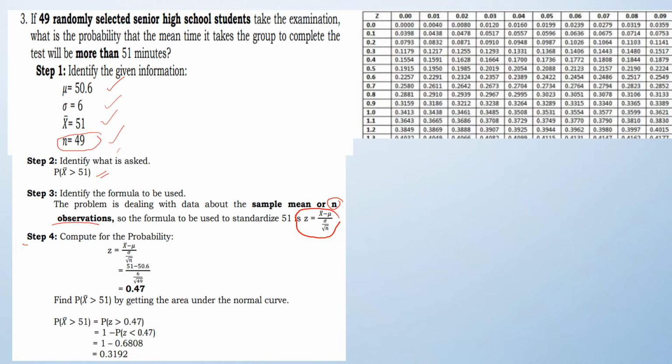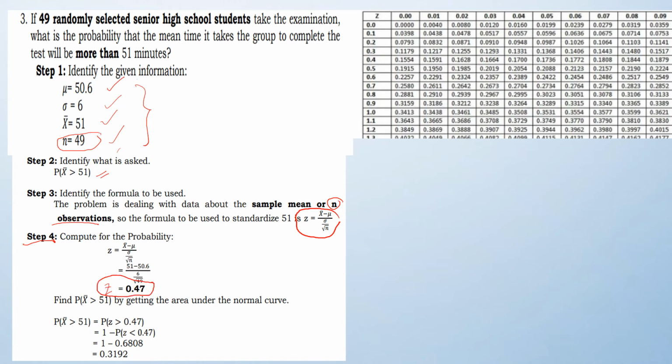And then, papasok na tayo sa step 4. Yung mga given natin, ilalagay lang natin sa formula. So, 51, kasi ang mean natin ay 51, minus population mean 50.6 over standard deviation na 6 divided by square root of 49. Ang nakuhang value ni z ay 0.47.